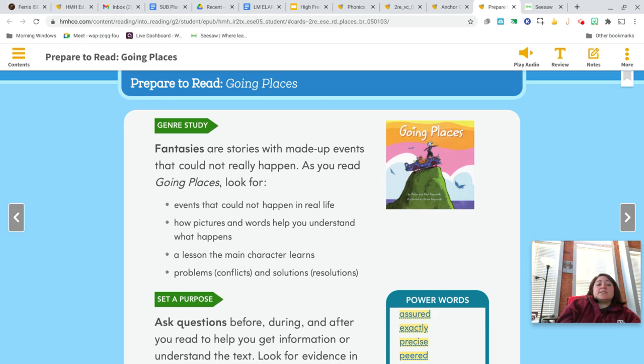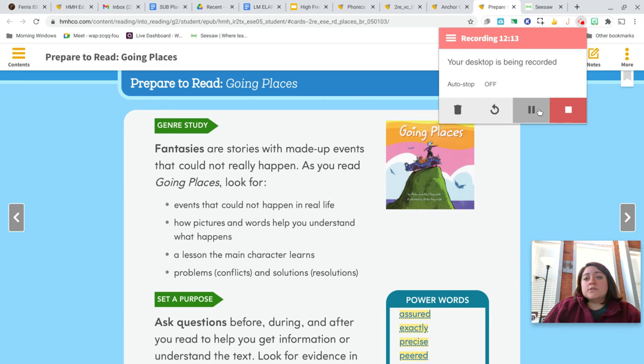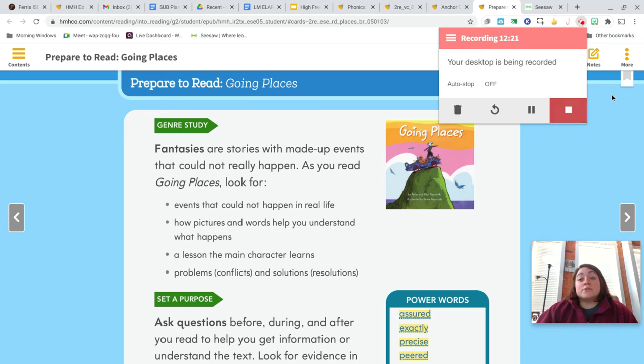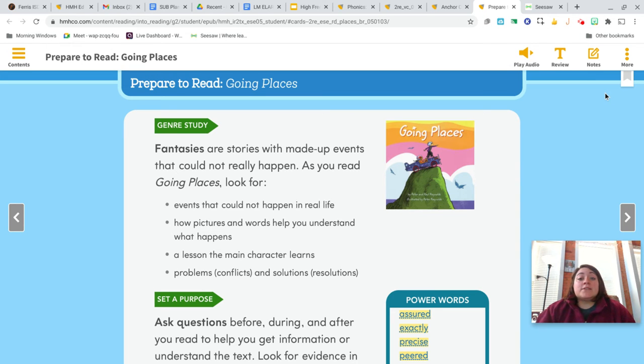How pictures and words help you understand, and what happens. All right, where were we? Also, it says a lesson the main characters learn. So we want to make sure that we look at the lesson that the character learns in the story because that follows the next one, problems and conflicts and solutions or resolutions.